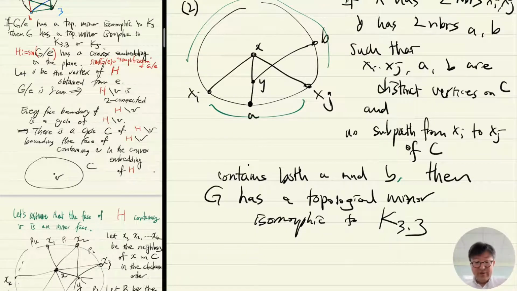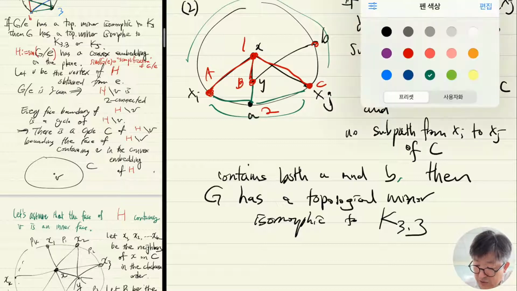You are seeing it already, right? So this is, let's say, 1, A, B, C. So 1 is adjacent to these 3, whereas 2 is adjacent to A, B, C, so these 3, and what about 3?